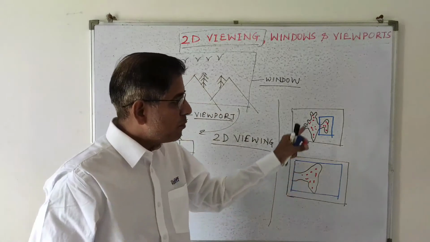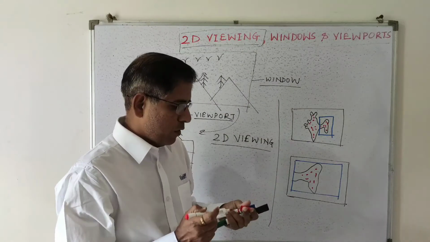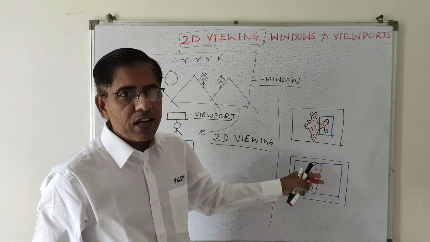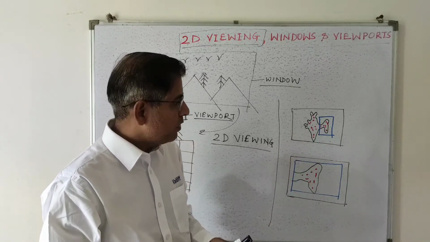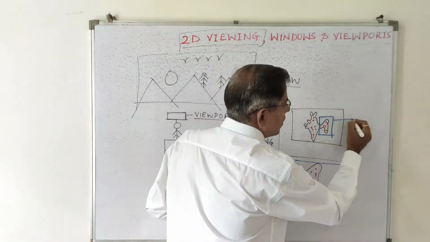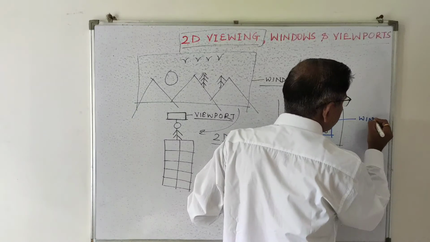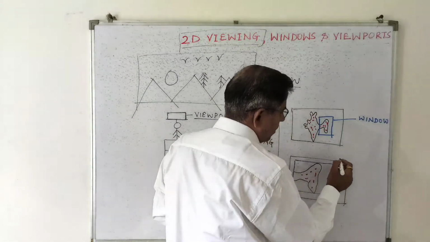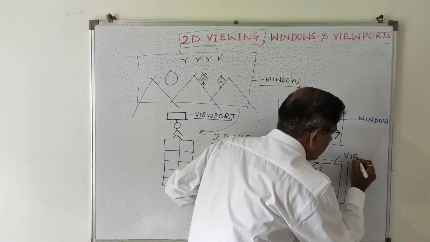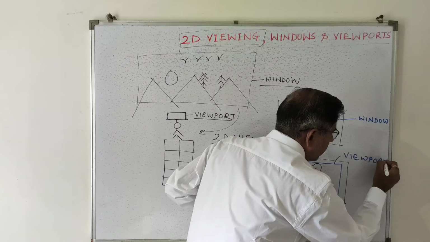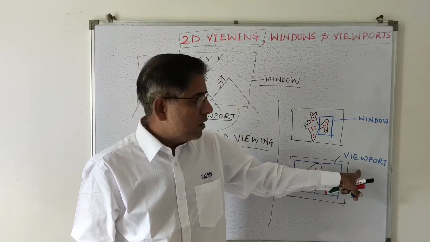This will give you a better picture of the sales data from the northeast region. This is also an example of 2D viewing, wherein the rectangle which includes the northeast portion is the window, and the rectangle which includes this is the viewport. And the transformation from window to viewport is 2D viewing.